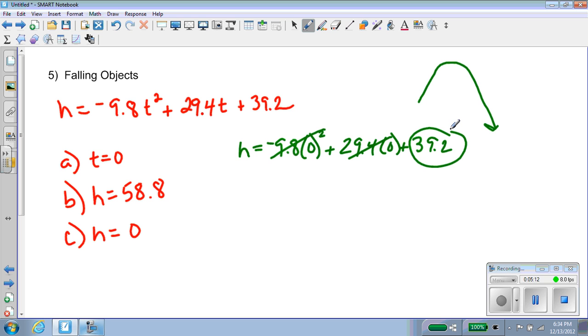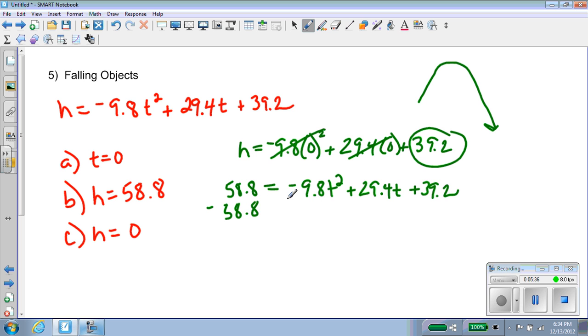Okay? At what time is the height equal to 58.8? 58.8 is equal to negative 9.8 t squared plus 29.4t plus 39.2. And I want this to equal 0, so I'm going to subtract 58.8 from both sides.